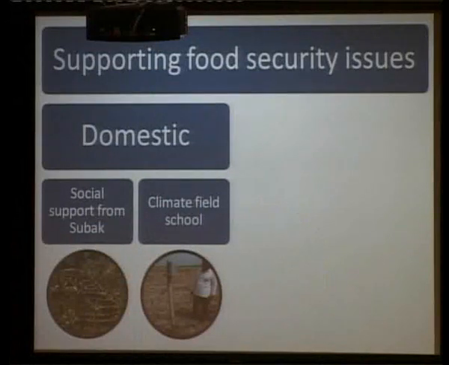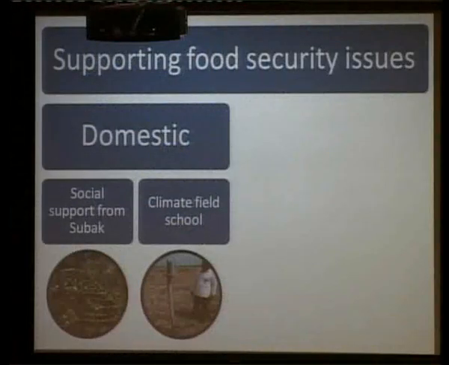For example, Balinese are typically good at supporting each other for paddy production, and also BMKG and other agencies have a climate field school to teach farmers how to understand the climate and how to identify the suitable crop for their new climate.